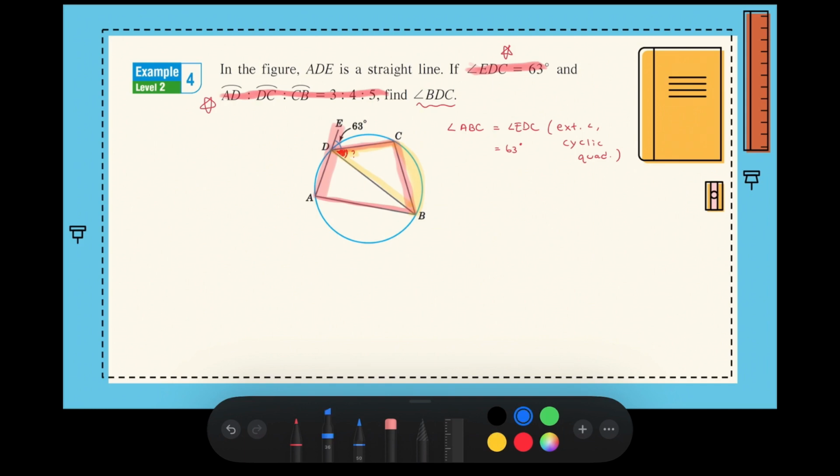And then let's look at the other arc as well. So arc DC is this one, and then the angle is DBC. Okay, so let's use the pen here. So this is the angles at the circumference, and then the last arc, AD, is here, and the angle is this one.